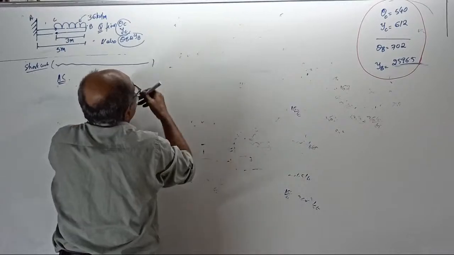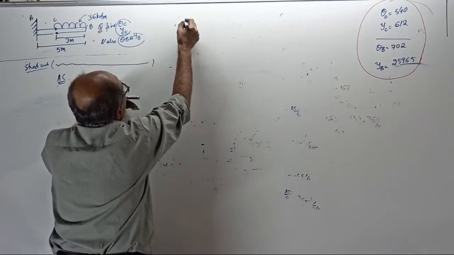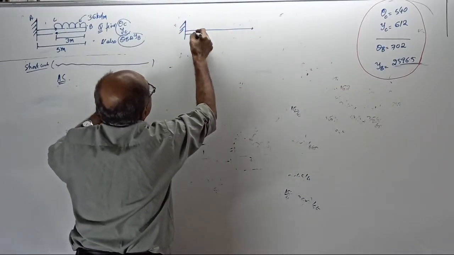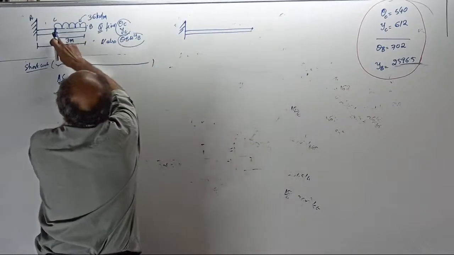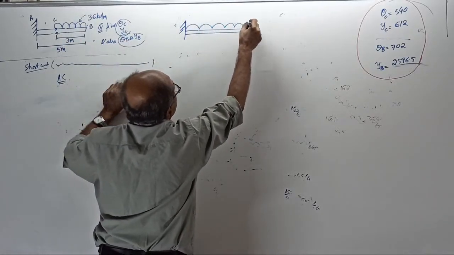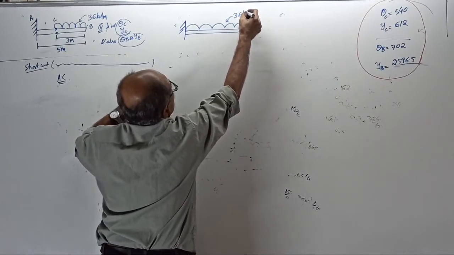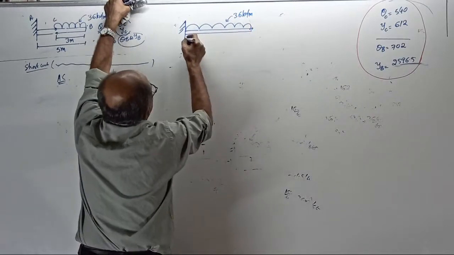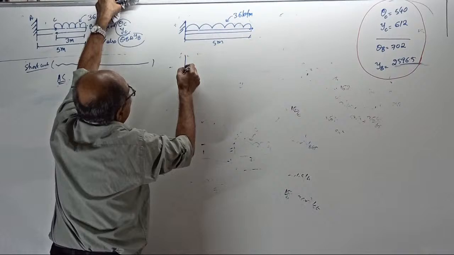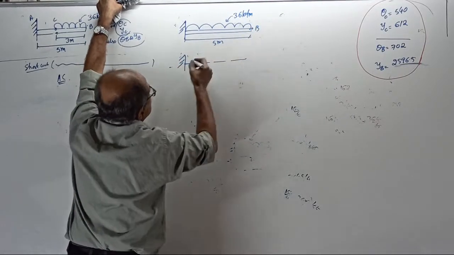First, consider a cantilever A up to C, where the UDL stops here. Put a full UDL of 36 kilonewton per meter for a length of 5 meters, and find the slope and deflection at the free end.